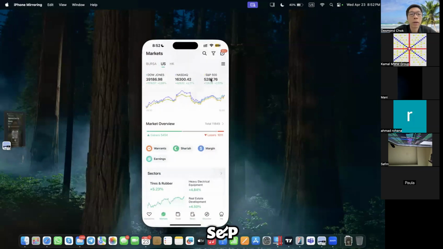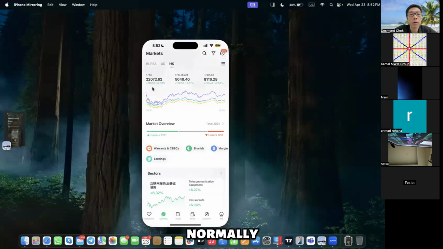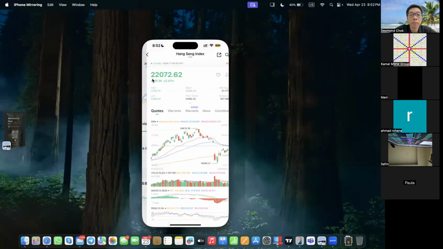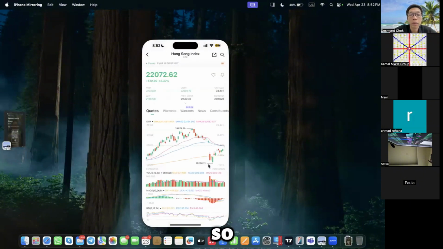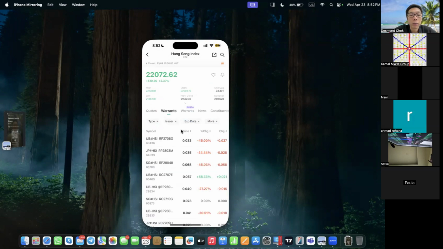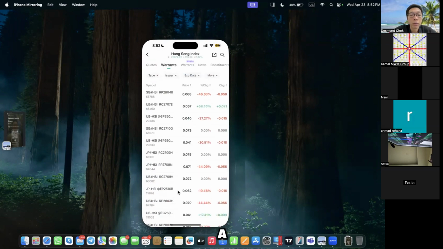This one is S&P. For Hong Kong also the same. Normally it's Hang Seng. Hang Seng that day gapped down, now slowly coming back. This one is a warrant.